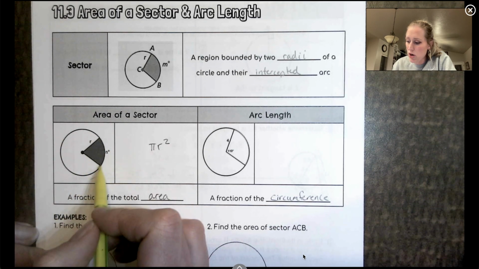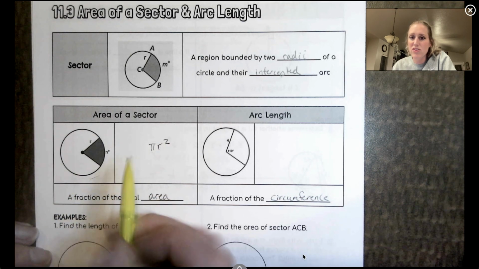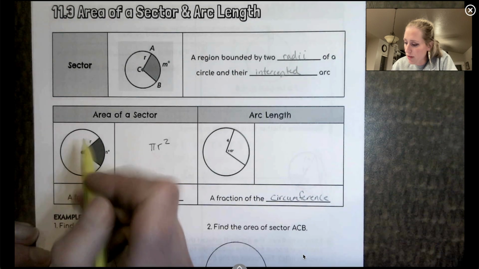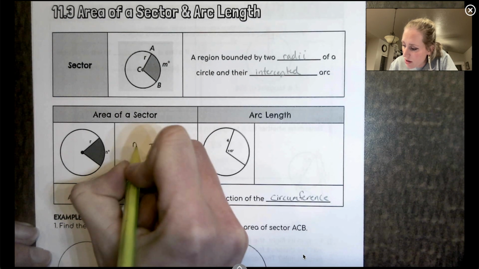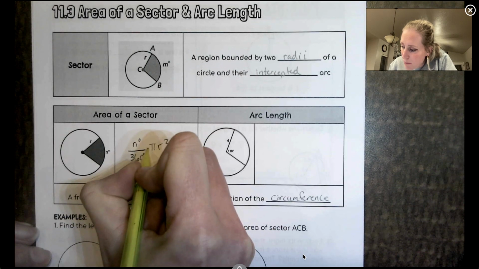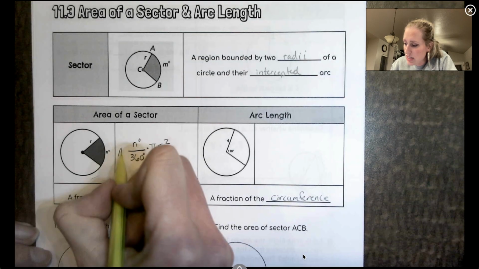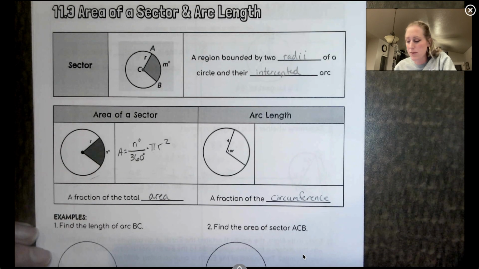We can be given an arc measure or a central angle, and that gives us the portion of the circle. Like this one, it's n degrees, but we're going to take that fraction and multiply by pi r squared. That's going to give us the area of our sector.